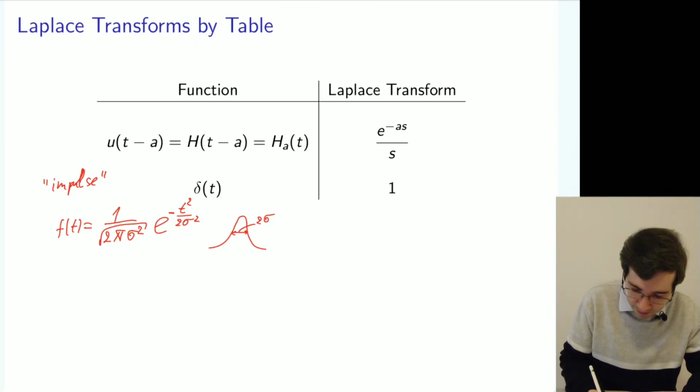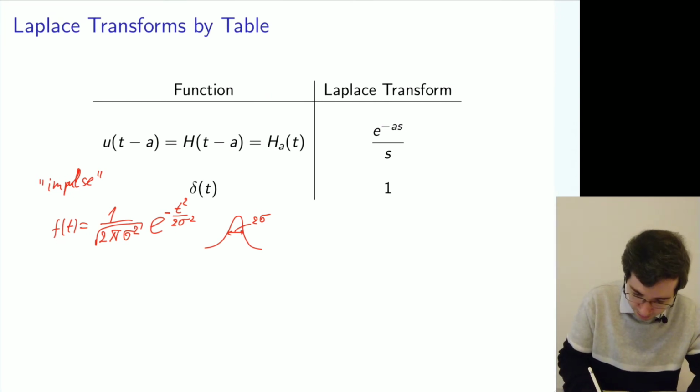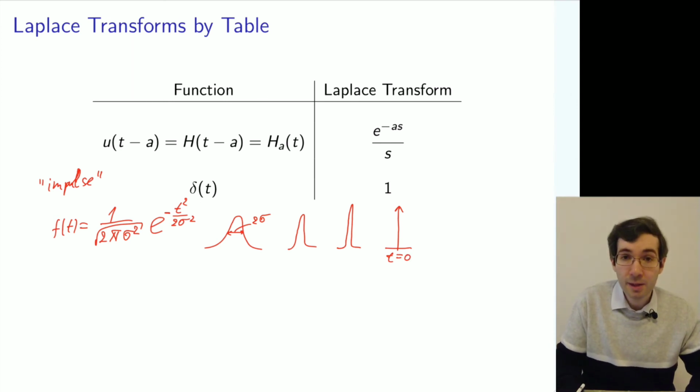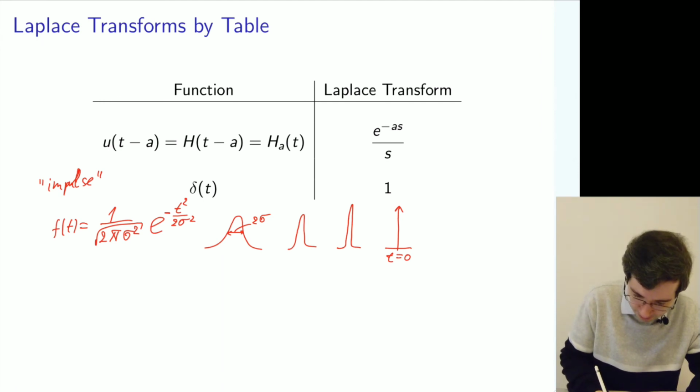And as you reduce the width, as you reduce the sigma, it will become narrower and taller, and yet narrower and yet taller, until you really reach a limit where it becomes an impulse, a unit impulse function, which is really a limit. So this is where sigma becomes smaller, smaller, and smaller.